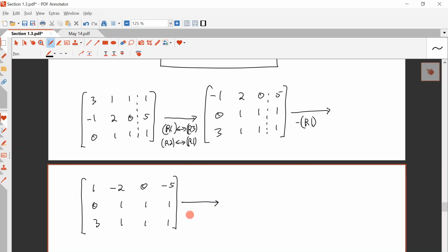And now I'm going to do row 3 minus 3 row 1. Multiply this one by 3 and subtract it from that. So we're just changing row 3, not changing row 1.